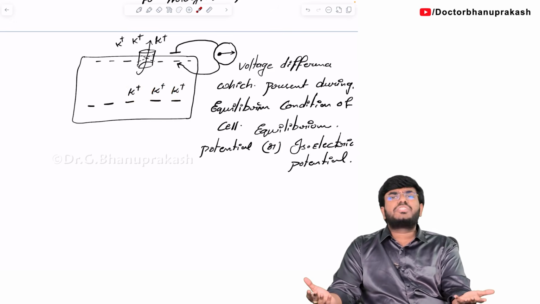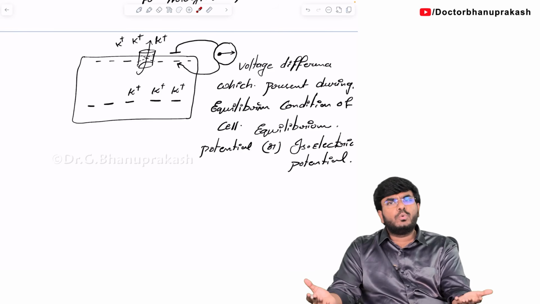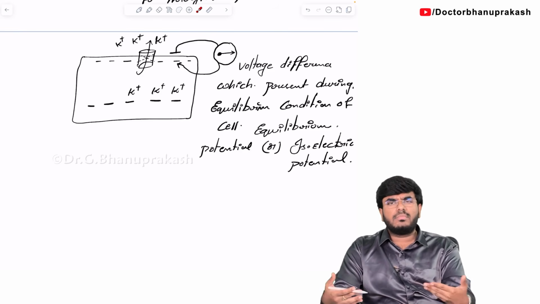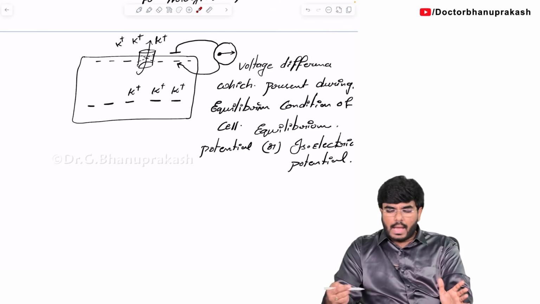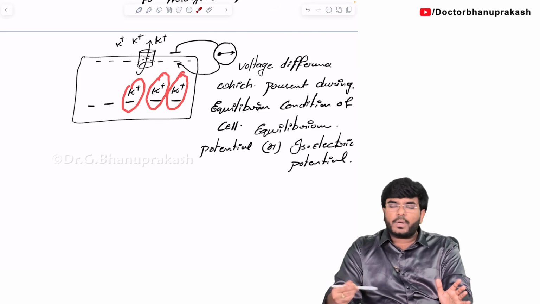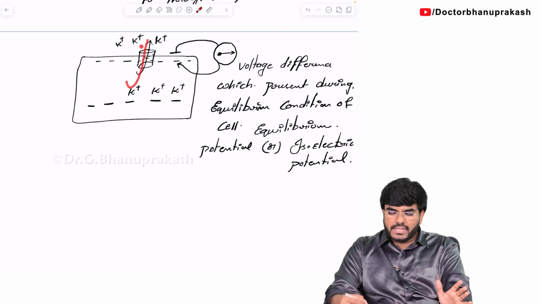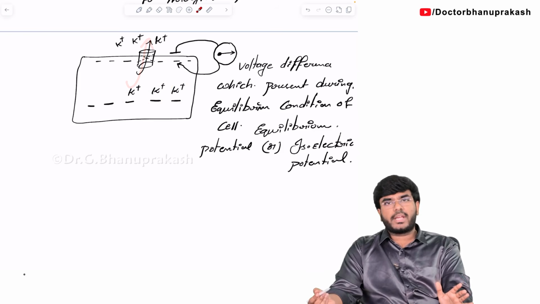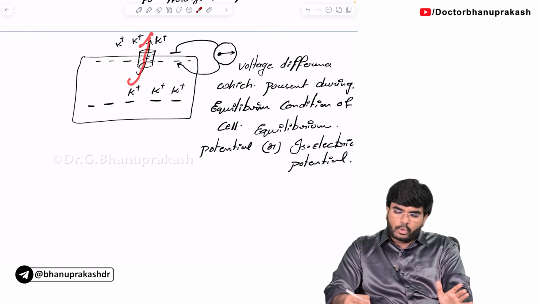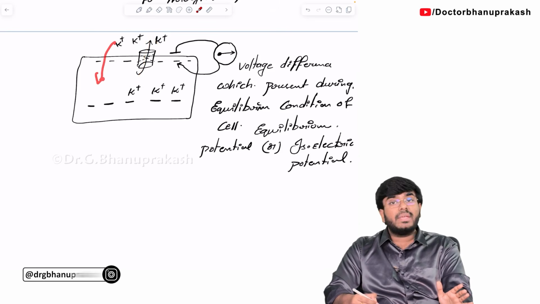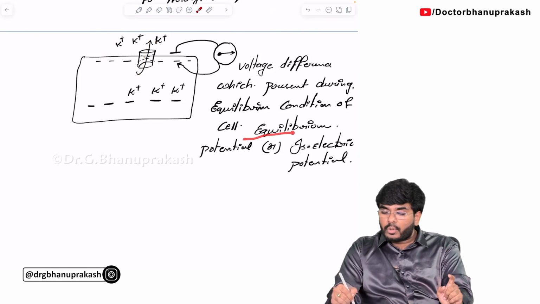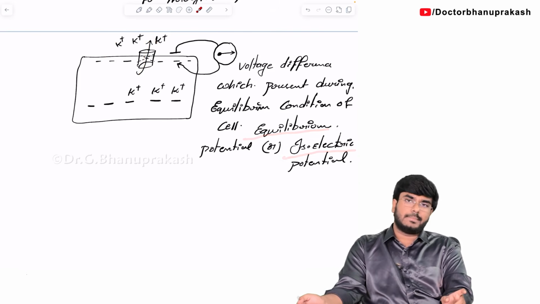Resting membrane potential is due to different leaky channels and different ion leakage. Because of the potassium efflux, yes, the cell is getting negativity. But do you think only potassium can go out? No, some ions are also coming into the cell. So that is resting membrane potential. Right now I am talking about the equilibrium potential.